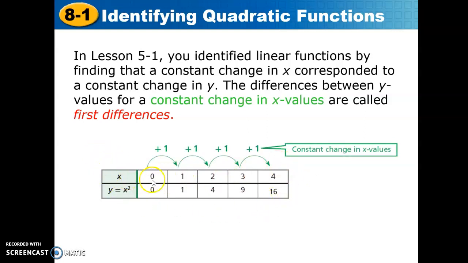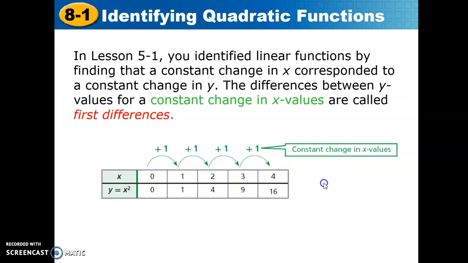So if we look at this chart here, when x equals 0, y equals 0. When x equals 1, y equals 1. When x equals 2, y equals 4, because 2 squared is 4. When x is 3, y is 9. And when x is 4, y is 16. So if you look at this chart, you have a constant change of 1 every time you're increasing your x.